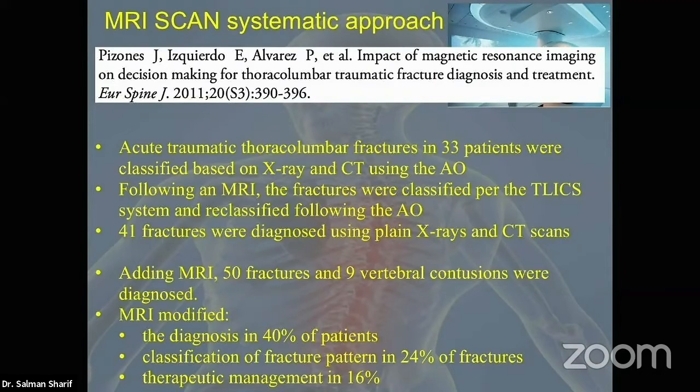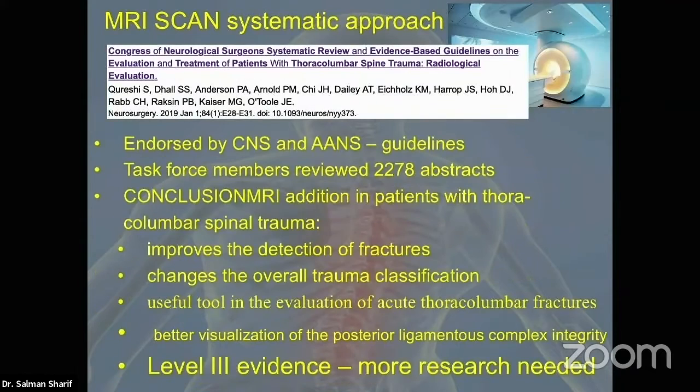So the MRI modified the diagnosis in 40% of the patients, modified the classification pattern in 24% of the patients, and changed the treatment strategy in 16% of the patients.